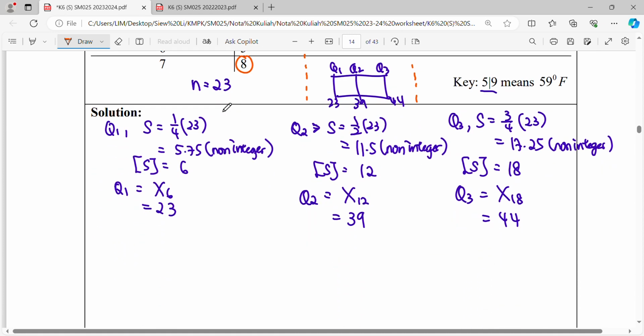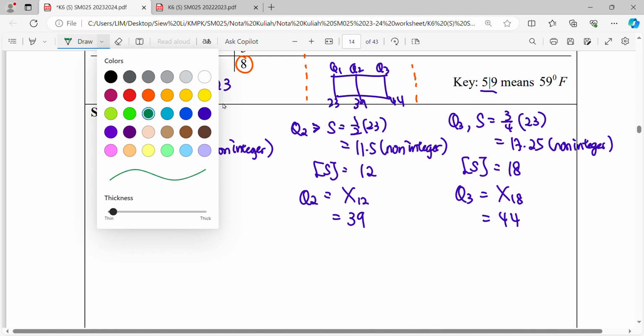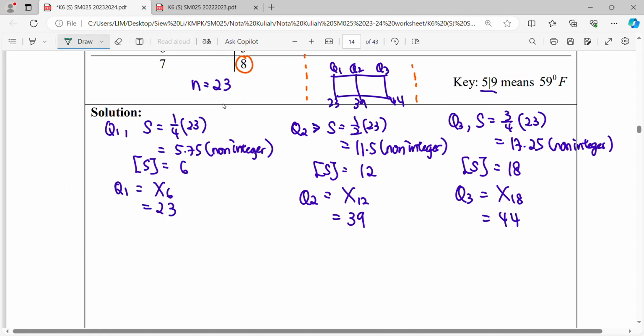To calculate the lower inner fence, you can see your fence is less than Q1, right? So by logical thinking, it will be Q1 minus 1.5 IQR.